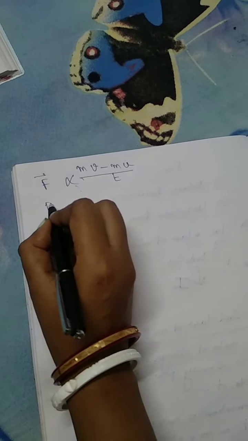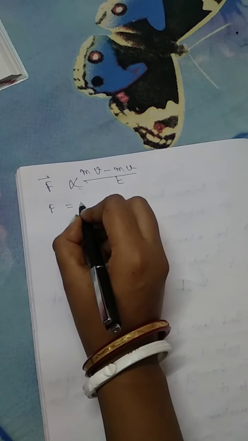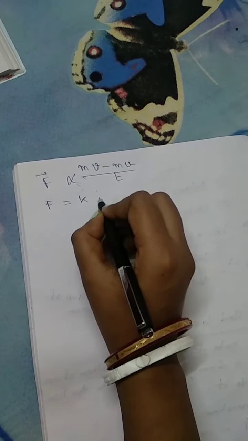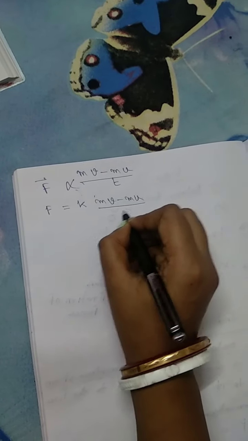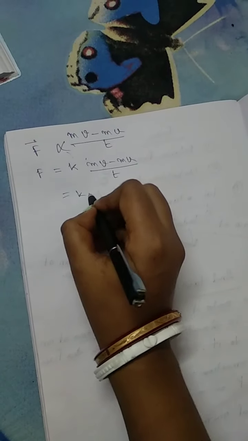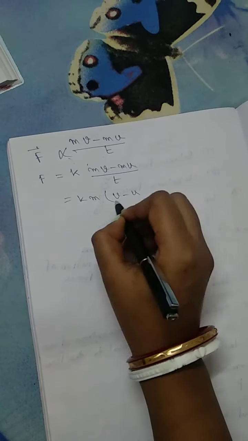Now as you know, to remove any proportionality sign, you have to multiply it with a constant. Suppose this is k. So k times (mv minus mu) by t. Now if you take m common, then you will get this.